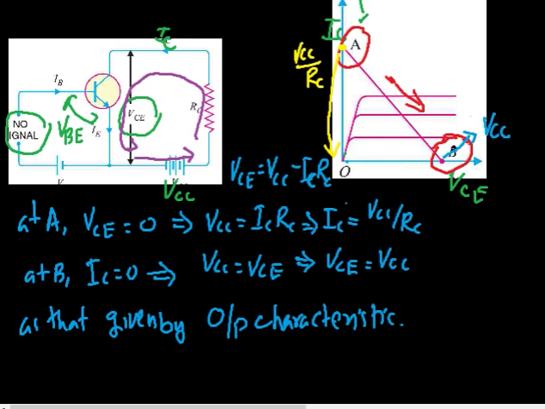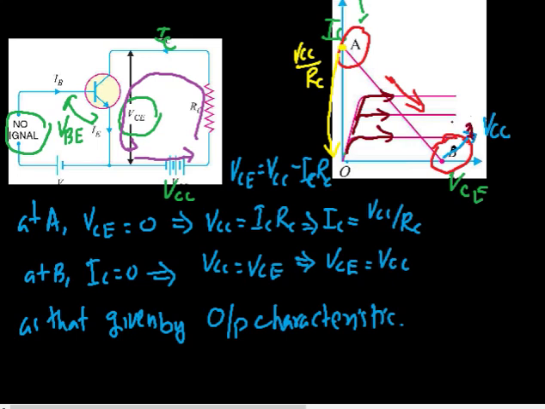Another important thing is that all these curves represent the output characteristics, and each will be for a particular IB.